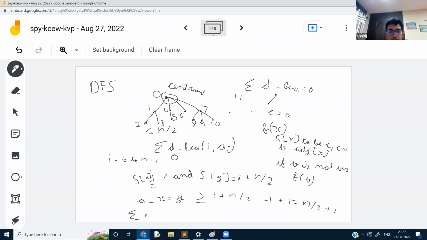And now our answer is summation D of I plus summation D of AI minus 2 D of LCA, which is basically summation D of I plus summation D of AI.